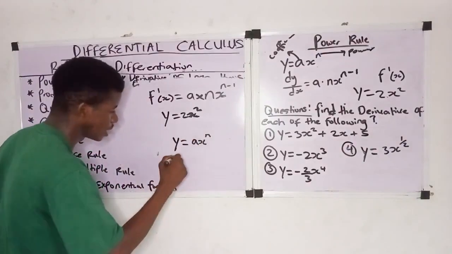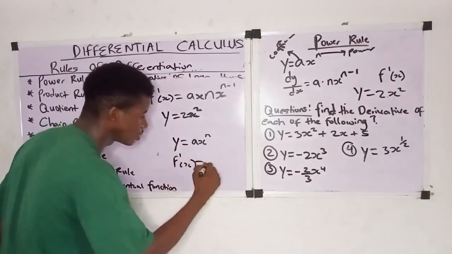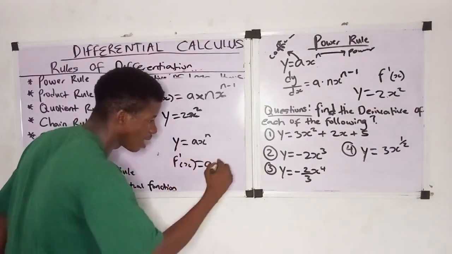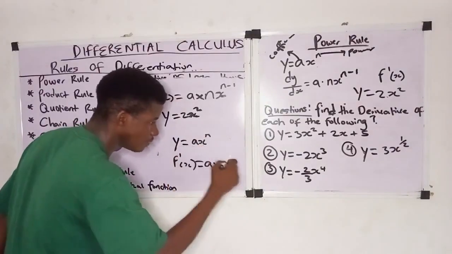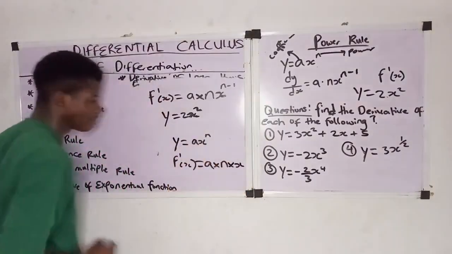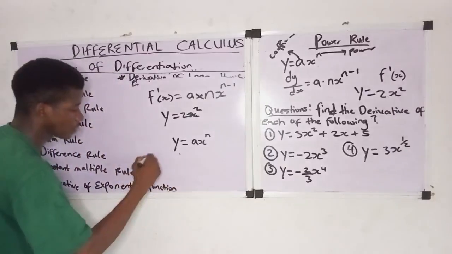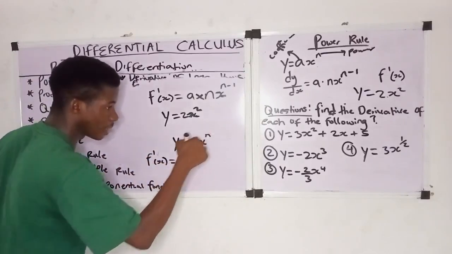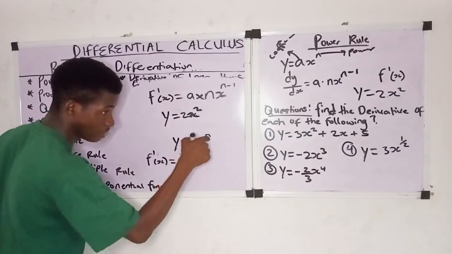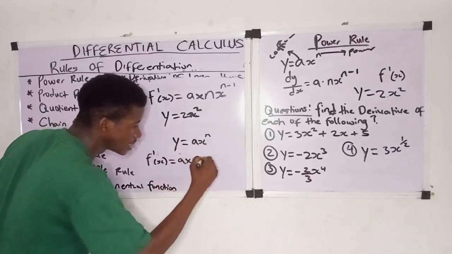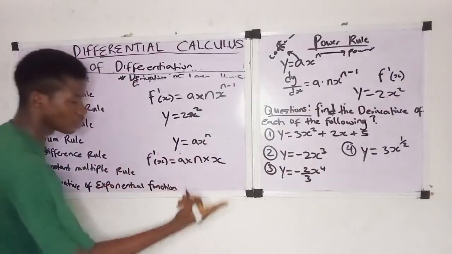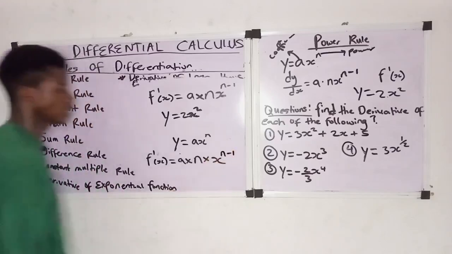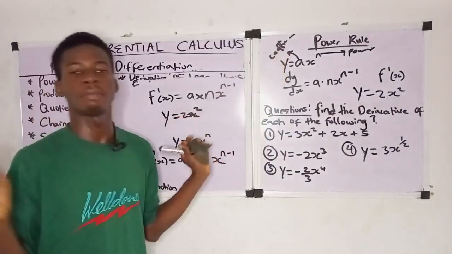So it will be a times n, times x, and then what next? Subtract 1 from the power, so n minus 1. That is how you solve questions under the power rule.